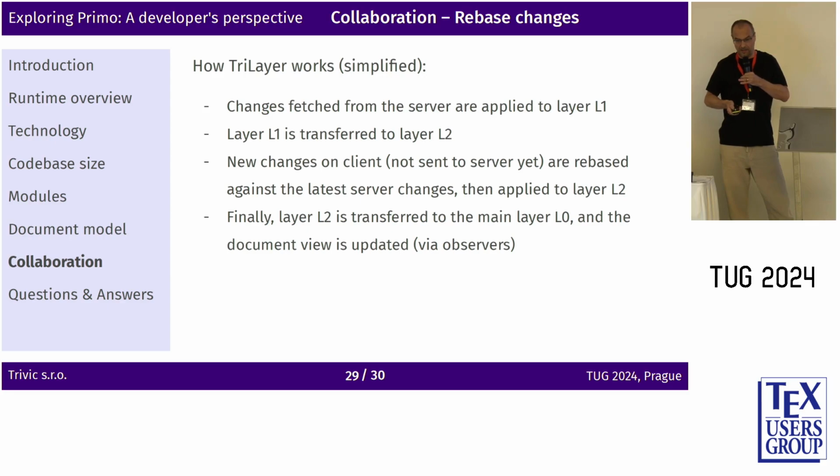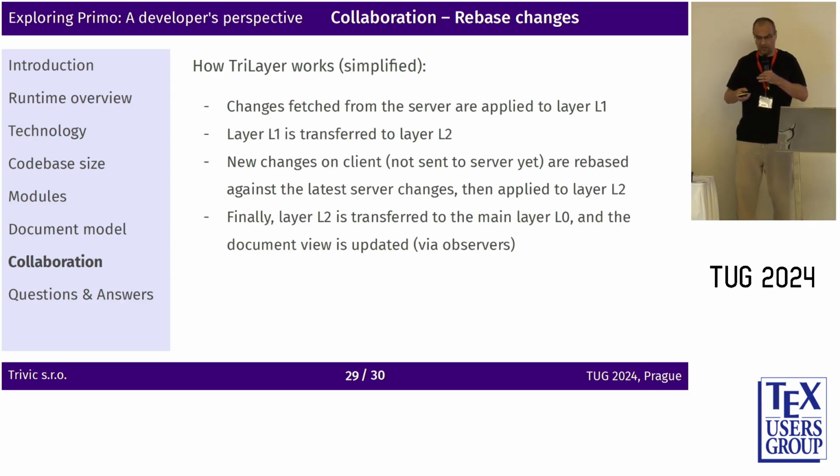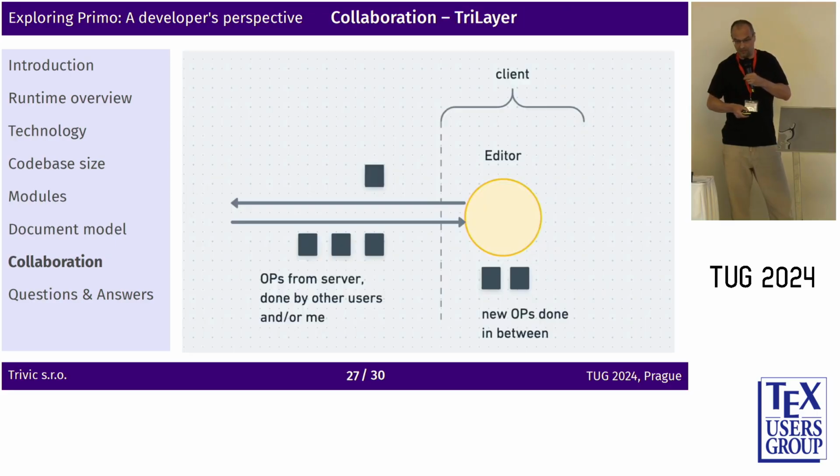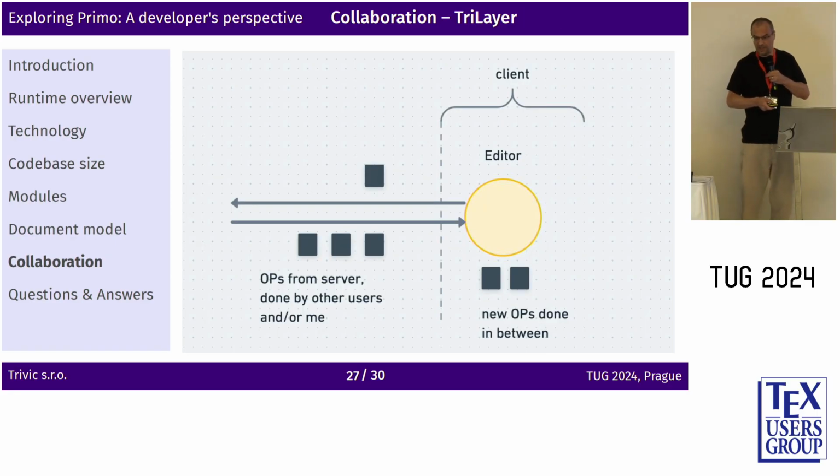And here is how it works, how it solves that problem we had. I will come back to the image. So when these changes from the server come, then we don't apply them to the main layer. We apply them to the layer 1, to the server layer.